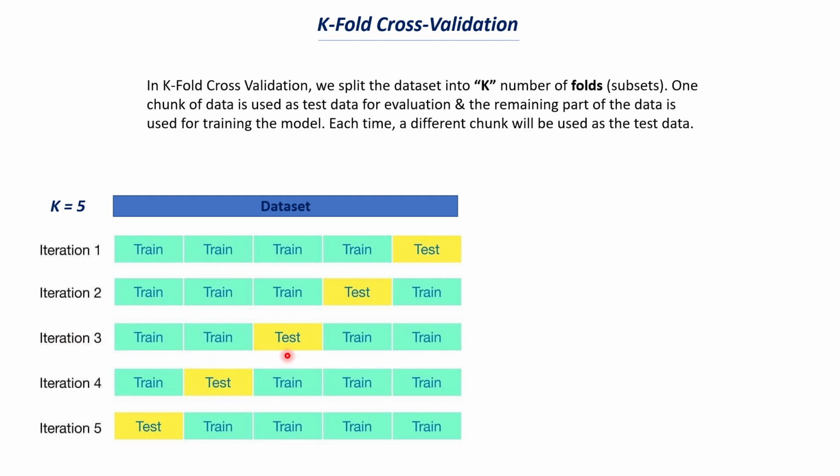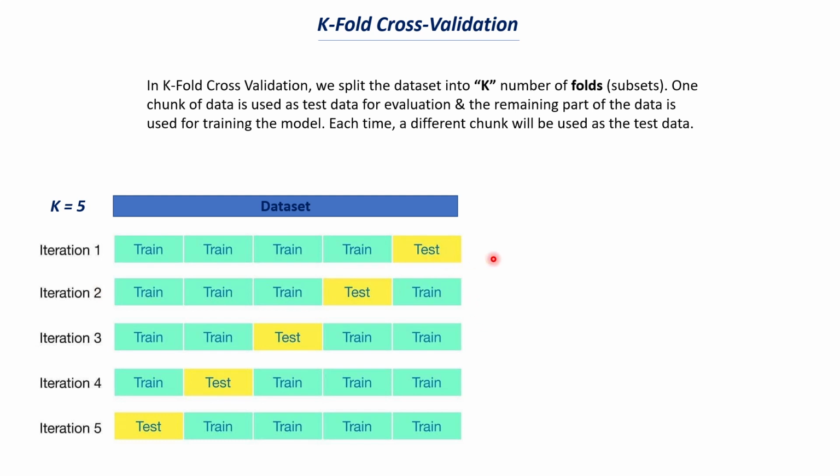For the third iteration, the third chunk will be used as test data, and for the fourth iteration, the second fold is used as the test data, and the remaining data is training data, and so on. Similarly, we have 5 iterations. The number of folds of your data is equal to the number of iterations that you have. And in each step we will find the accuracy of the model on test data.